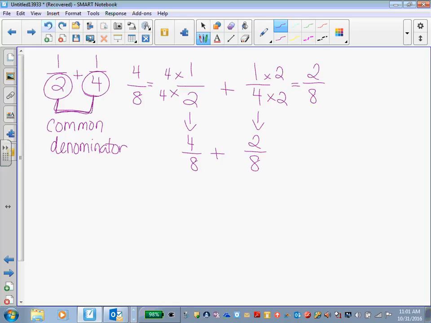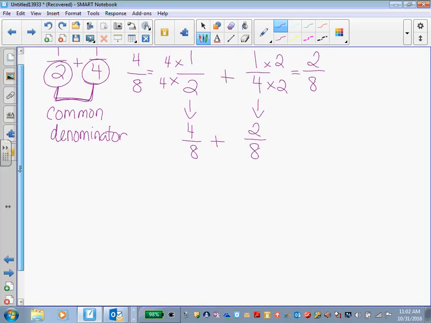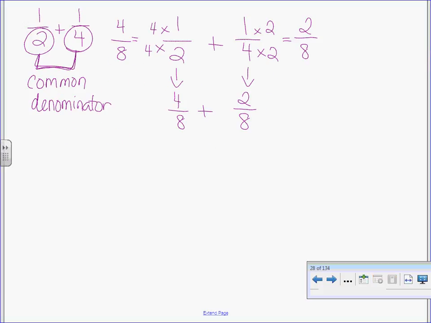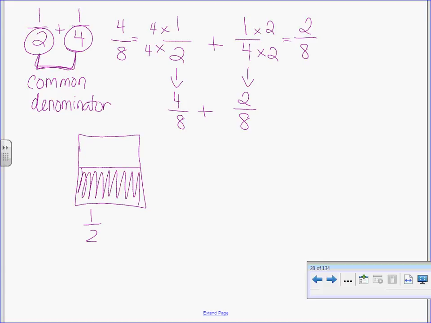Before we add it, I'm going to show you why it works that way. This is what the other class did. Let's model 1/2. Here's my half. I take it and shade in 1 part.